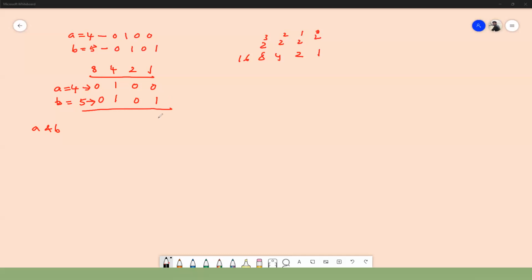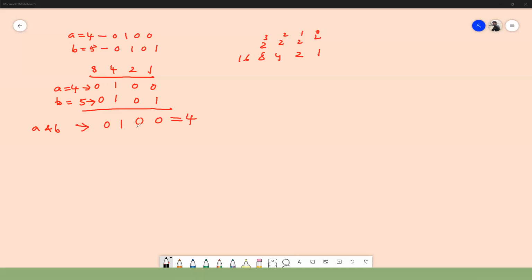So 0 and 1 means 0, 0 and 0 means 0, but 1 and 1 means 1. Both 1 means 1, and apart from that everything is 0. So now A and B became 0 1 0 0. In the 1 position, what is there? 4. So A and B equals 4. This is how you need to calculate.